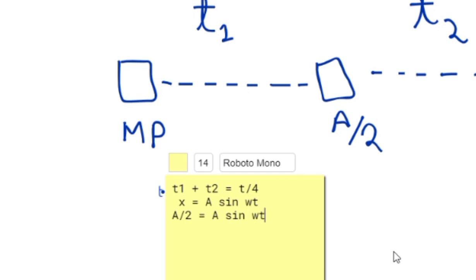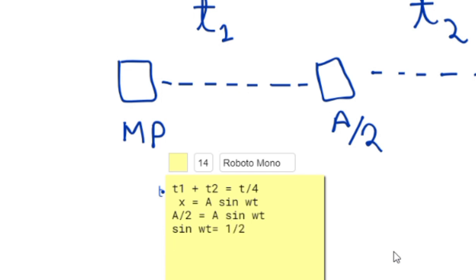Now, it should be clear to you that the t that we are intending to find out here is actually the value of t1, because the distance that we have taken is from mean position to A by 2. So A by 2 is equal to A sine omega t, which gives you, A gets cancelled, of course. So that means sine omega t gives you nothing but half, correct?